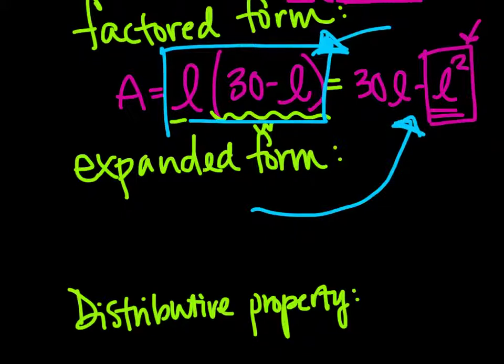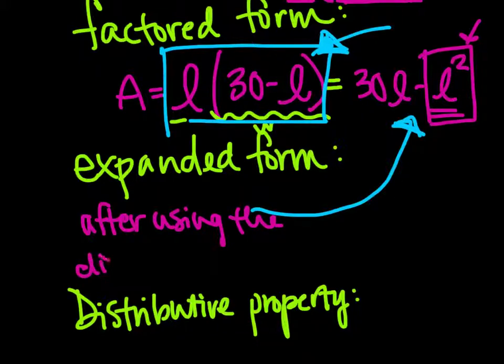So we had one format being length times 30 minus length in parentheses. Well, our expanded form is after using the distributive property.